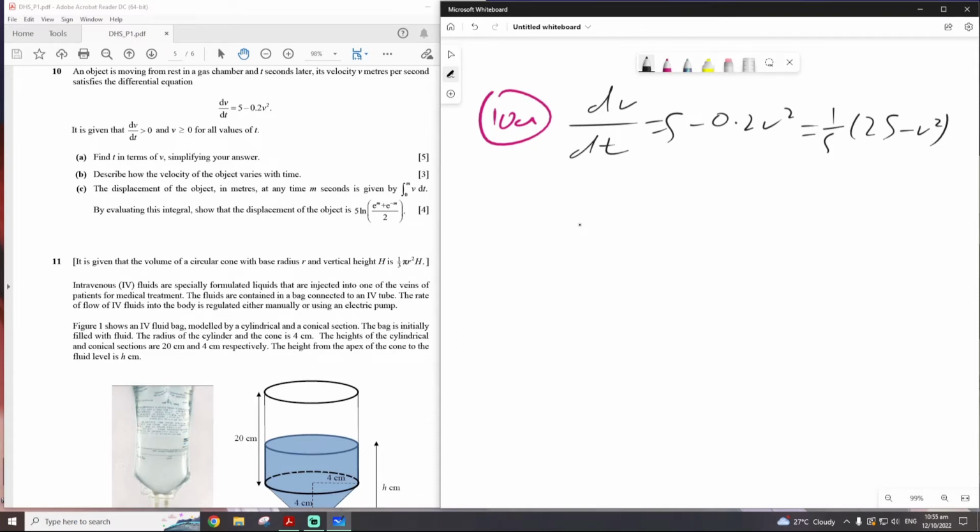So let's separate the variables. We will get the integral of 5 divided by 25 minus v squared dv equals to the integral of 1 dt.